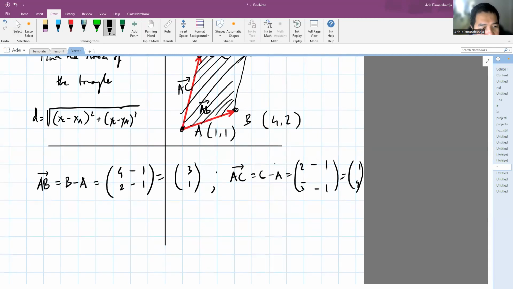So in this case, we can now create a matrix. No, actually, I want to do something different first. Let's now do a cross product between AB and AC.